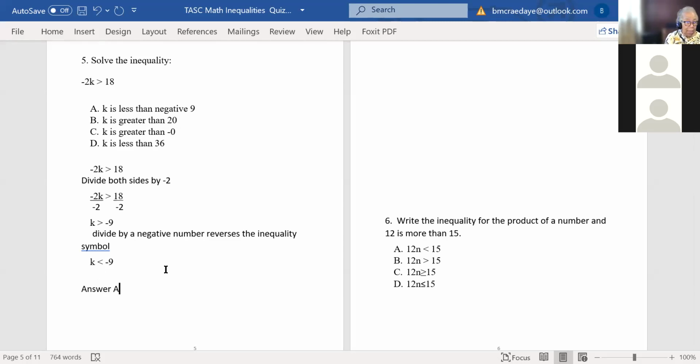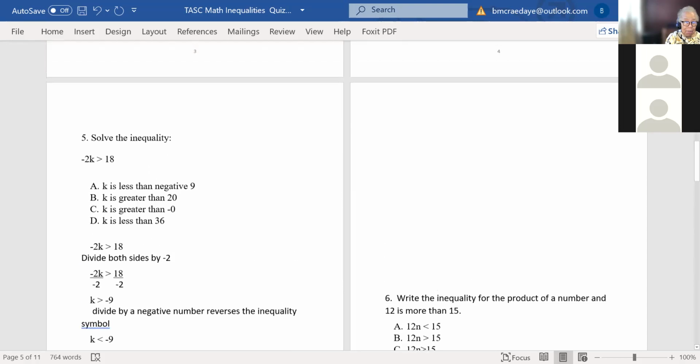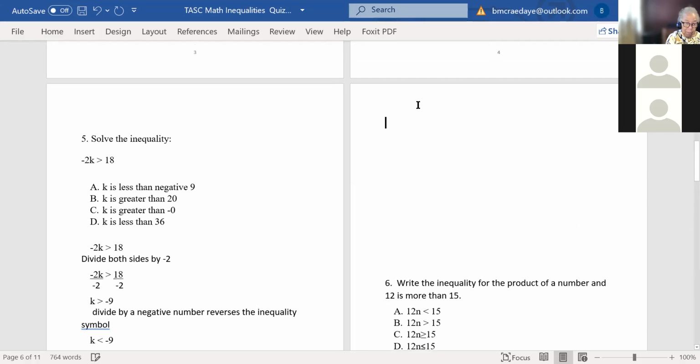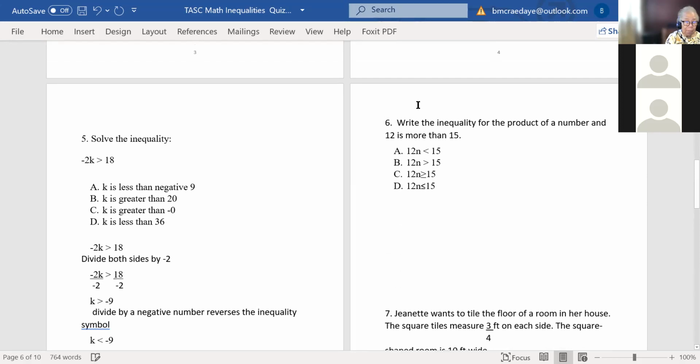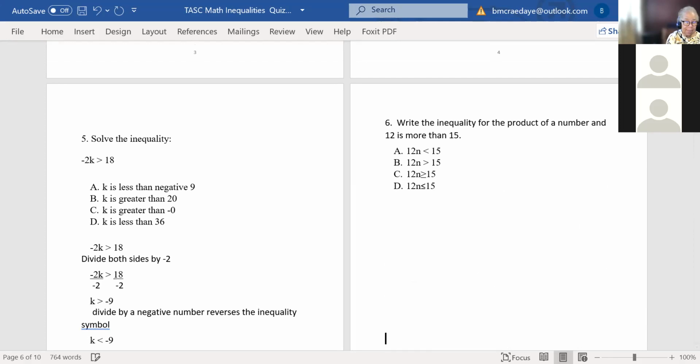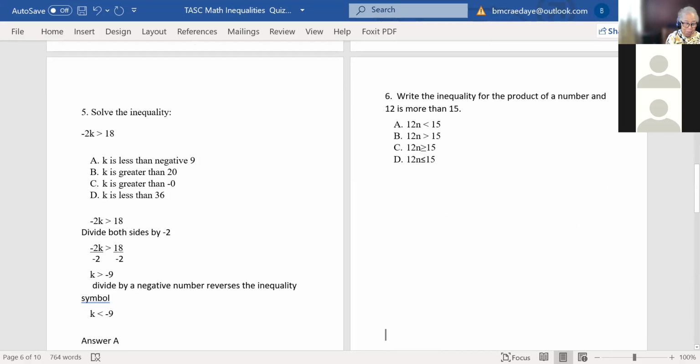Now we're looking at number 6. Let's just bring this up. Number 6. Write the inequality for the product of a number and 12 is more than 15. So product is the result of what operation, Maureen?